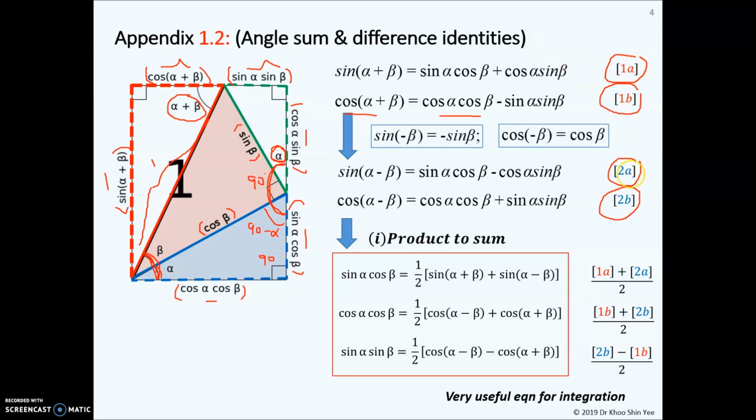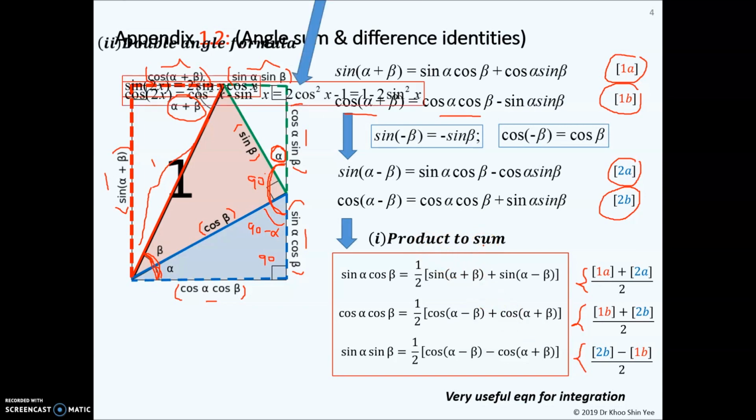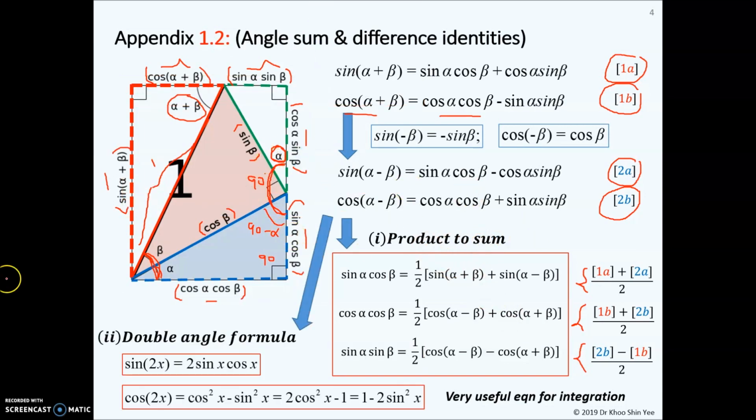By using these four equations, following this formula, we're able to get the product to sum identity formula. And also, we can get the double angle formula by letting A and B here be the same. Then you can get the sine 2x formula. By letting A and B here be the same, you can get the cos 2x. This is called the double angle formula.